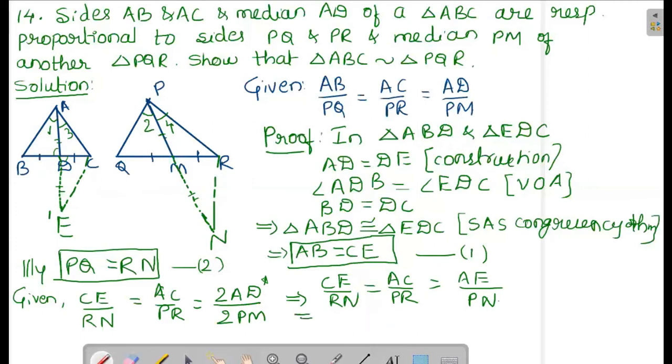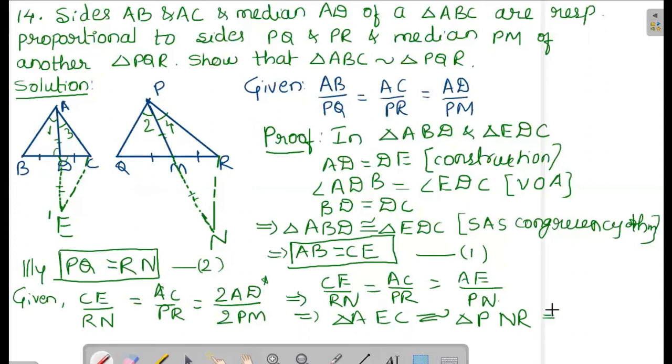This implies triangle AEC is similar to triangle PNR. These two are similar. It means corresponding angles are equal or not.